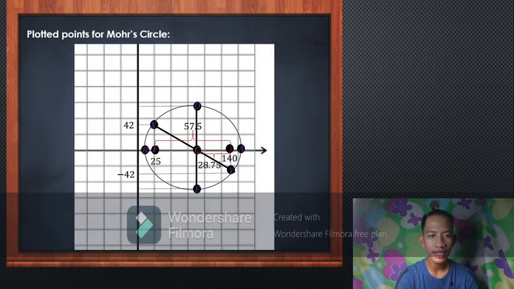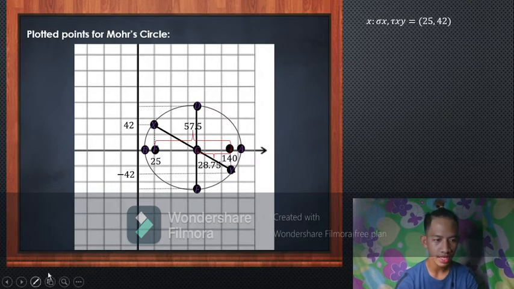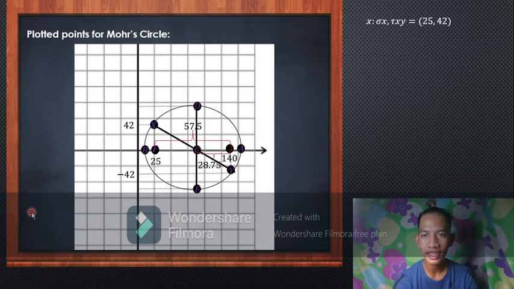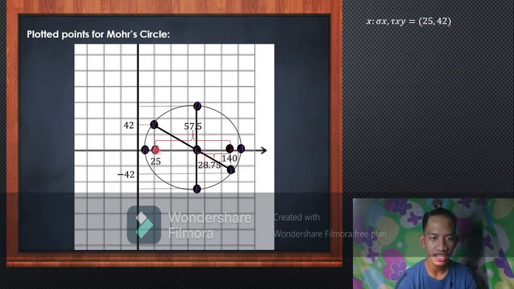At this time, this is the Mohr's circle of the question above. But before that, I will explain where I got the values. First, I'm going to plot my x coordinates, which are 25 and 42.